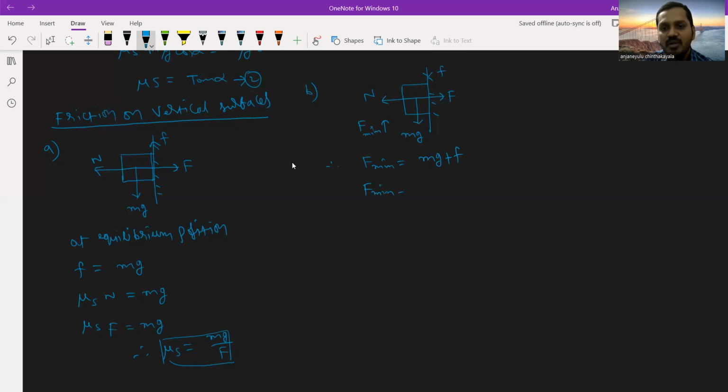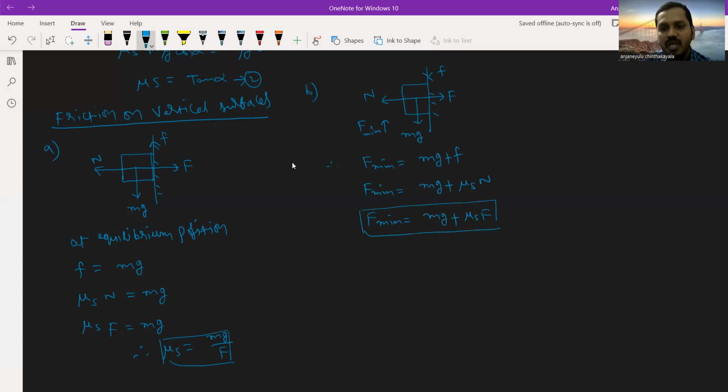Therefore, F minimum is equal to mg plus f, but frictional force f is equal to mu s into N. But we know N is equal to the compressional force acting on the block. Then the final equation: F minimum is equal to mg plus mu s into N, where N is F. This is the minimum force required.